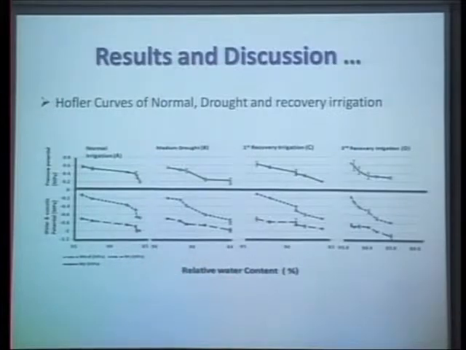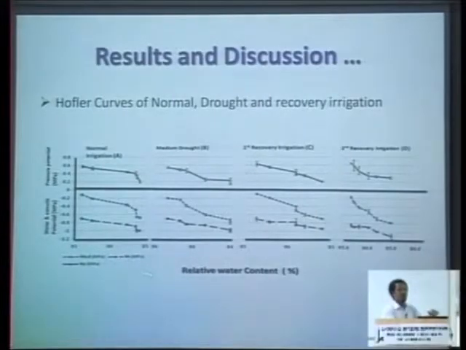We found one logic here. The relative water content decreases from 95 or 96 to about 84. While we are exposing the plant to drought, it doesn't decrease by more than 84%. This is the actual logic of isohydric plants. They stop the decrease in relative water content of the plant after some period of time.